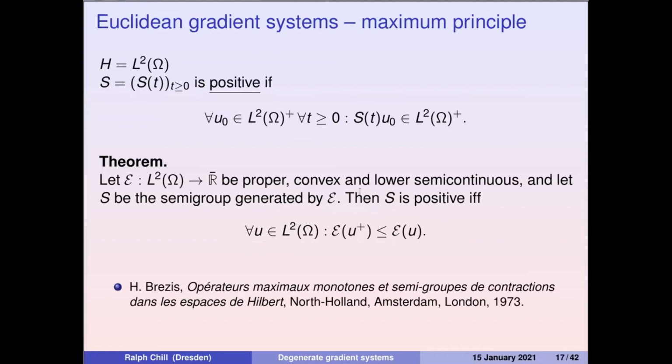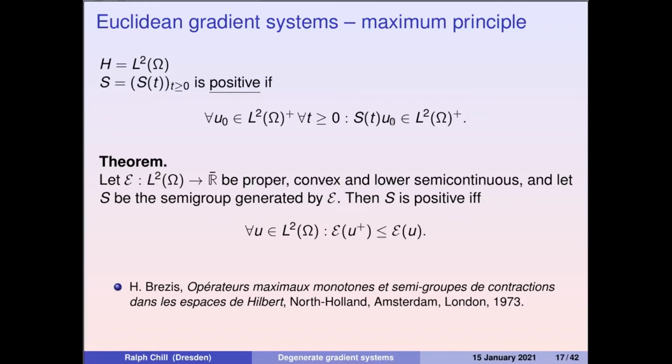If the Hilbert space is an L2 space, then we can say that a semigroup is positive if initial values which are positive lead to positive solutions. So the solution remains positive, or the semigroup leaves the positive cone of L2 invariant.